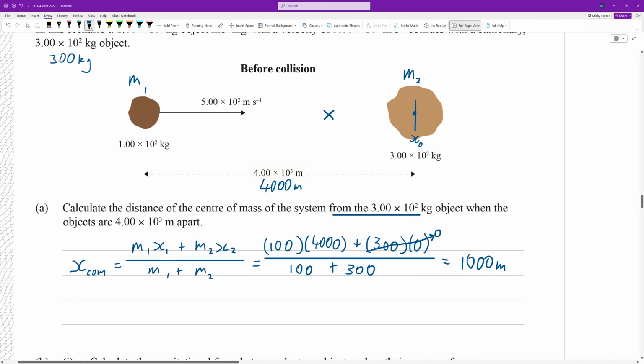And let's just do a sanity check. So if that's 1,000 meters, we're left with 3,000 meters on this side. And since M2 is 3 times as heavy as M1, when we split the ratio into 3 to 1, it adds up to 4,000.